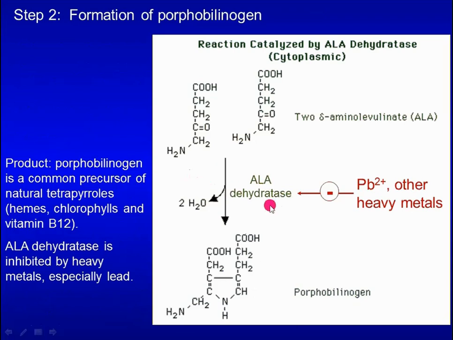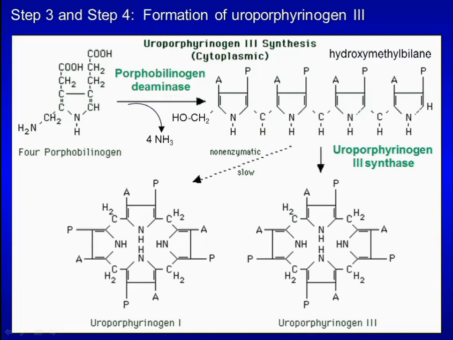This enzyme is inhibited by heavy metals, especially lead. In the third step, four molecules of porphobilinogen are condensed to form linear hydroxymethylbilane while releasing four molecules of ammonia. This reaction is catalyzed by porphobilinogen deaminase.